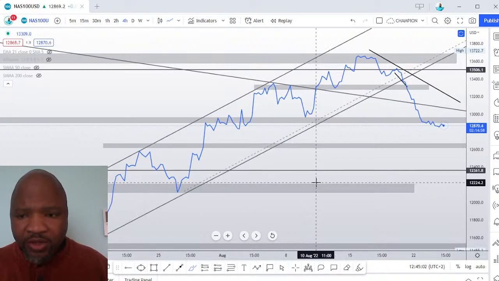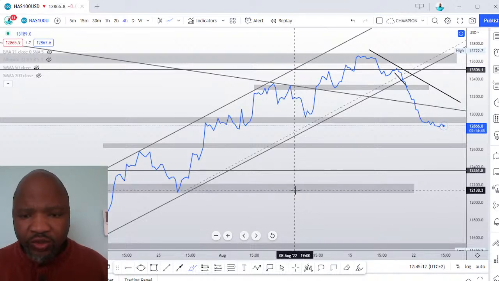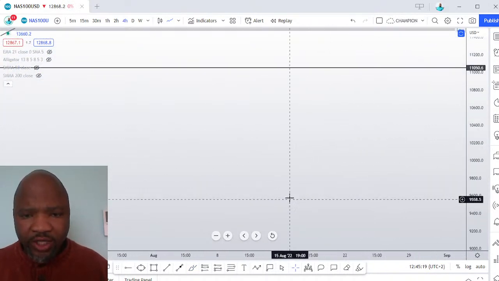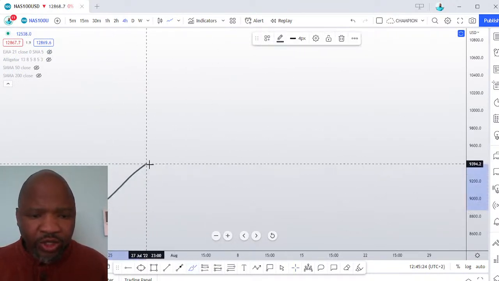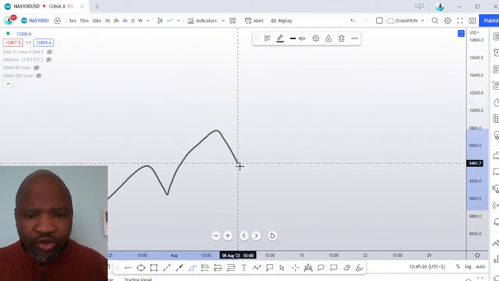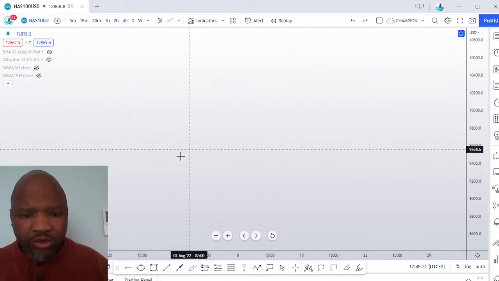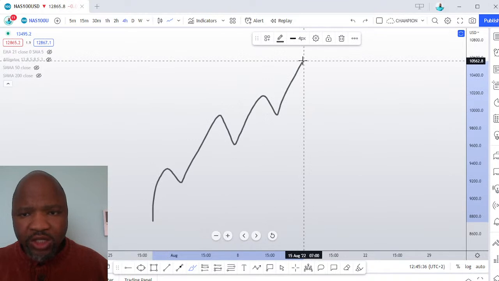Ladies and gentlemen, there's something that I want you to understand. There's always a structure that we call change of structure, CHoCH, or change of character. Let me show you what I'm talking about. You will find your price being bullish, moving towards the upside.